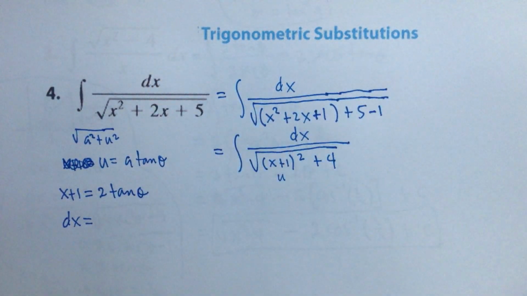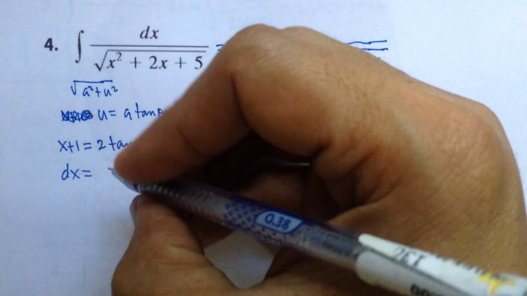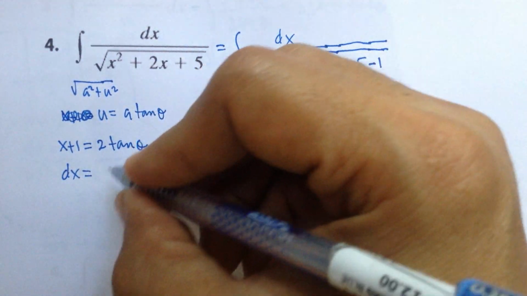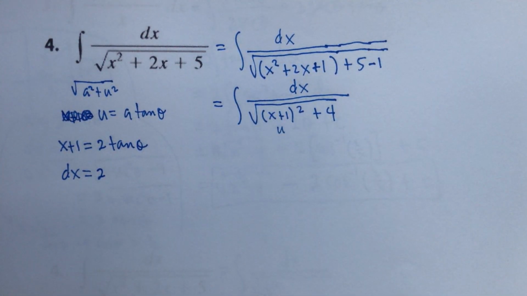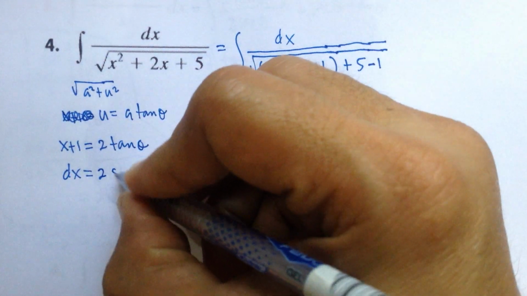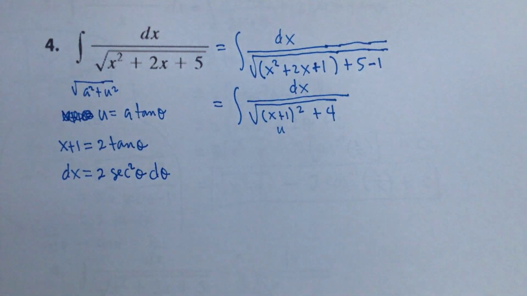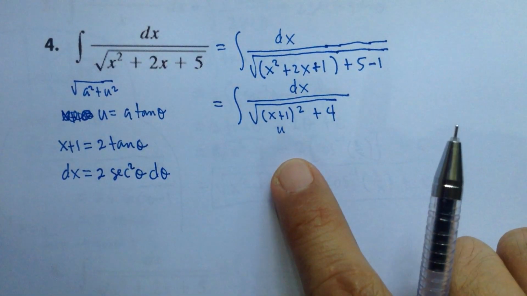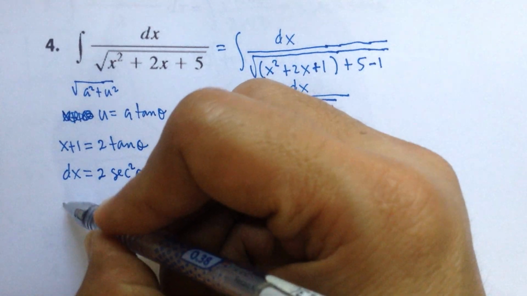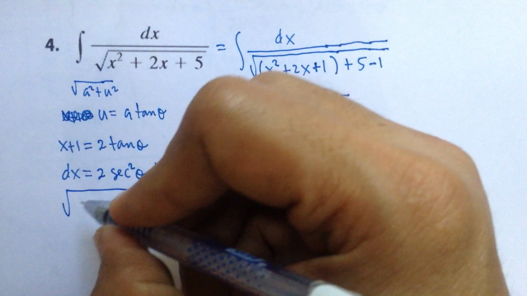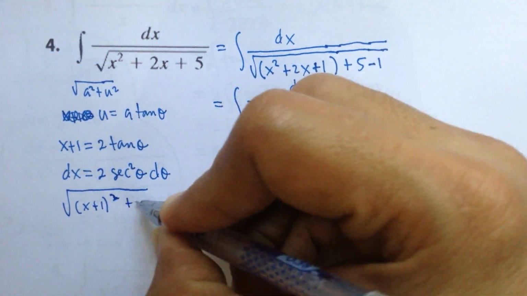Then we're going to find dx, because we have dx here. So what is dx? The derivative of this is dx, this is 2. What is the derivative of tangent? That's a secant squared theta d theta. Another thing is we want an expression for the square root of x plus 1 squared plus 4.